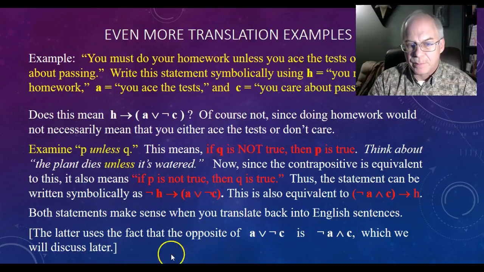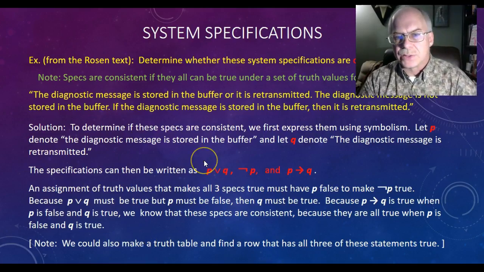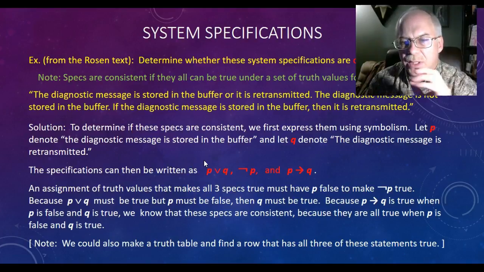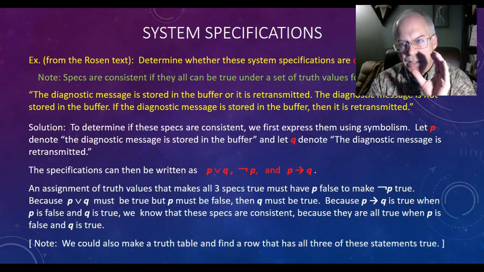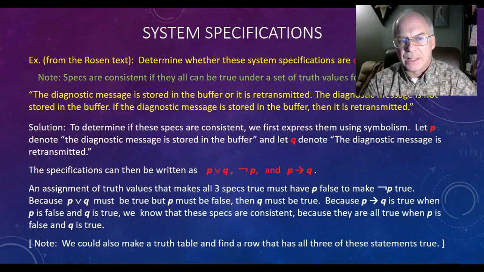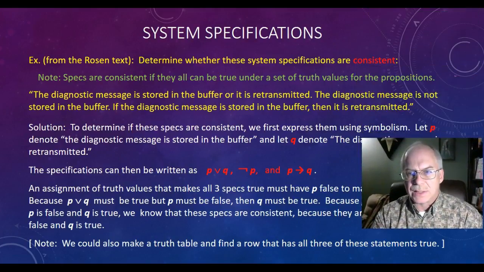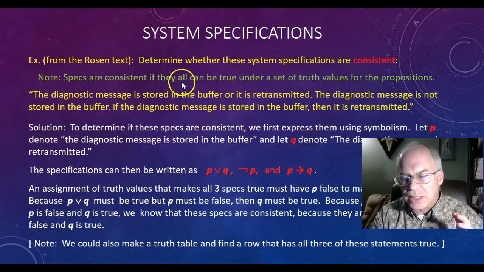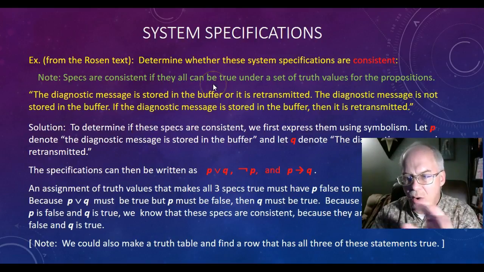Anyway, let's move on. All right, so system specifications are a set of statements that might be written in some manual about a program or a system. And to test whether the system specs are consistent, you just need to find a time when all the statements can be true.